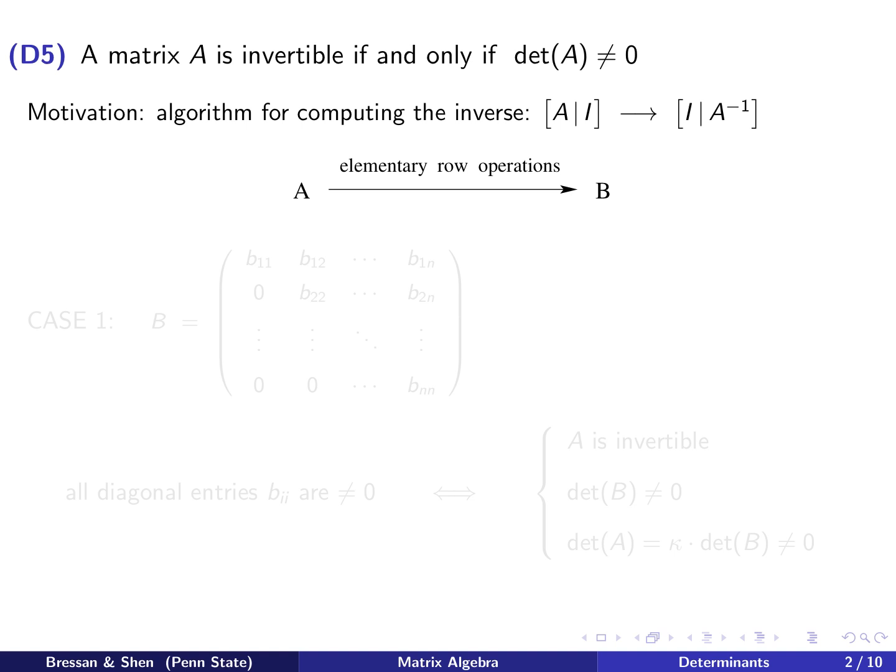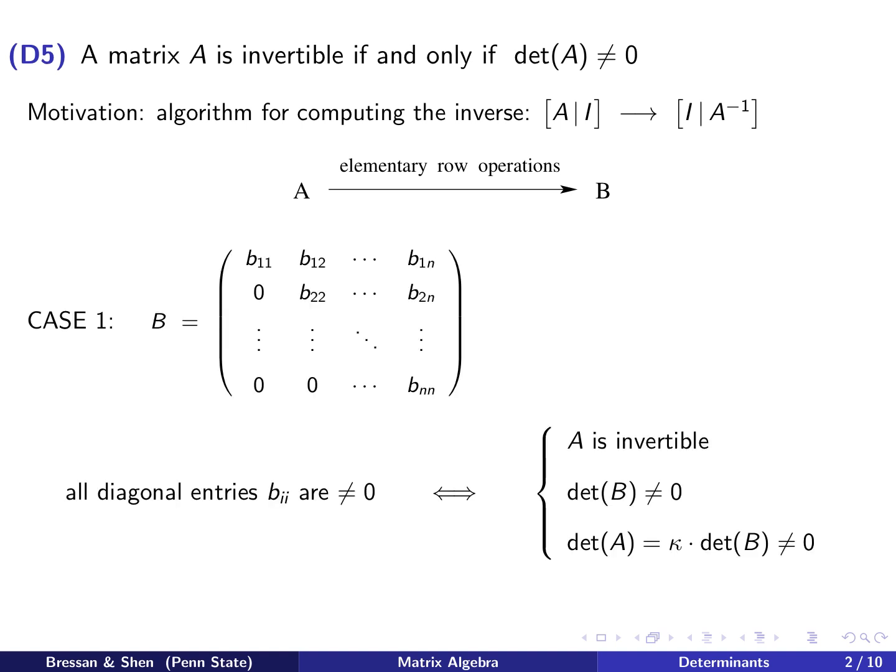So this is closely related to elementary row operations. We can carry out a finite sequence of elementary row operations, and we can reach the matrix B, and B will be the inverse of A. Now let's consider 2 cases.